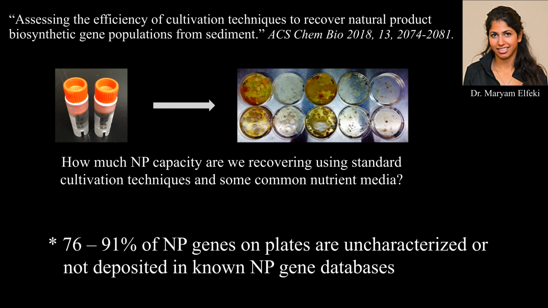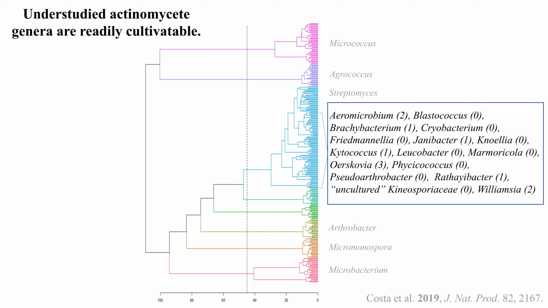Why this disconnect? Well, we hypothesized that for decades the field has been using similar biased approaches to colony picking, and they've been focusing heavily on spore-forming bacteria like actinobacteria or bacillus. And we think that there are many understudied isolates sitting right on these plates that are ripe for discovery, and we can actually show some data to support this.